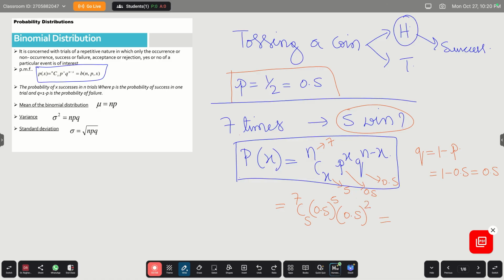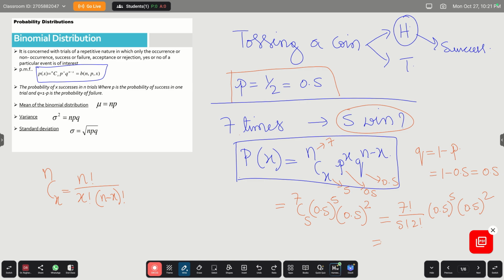You can use your scientific calculator to calculate this, or if you want to know how to calculate manually, 7C5, we all know the nCx formula. The nCx formula is n factorial divided by x factorial into n minus x factorial. So this will be 7 factorial divided by 5 factorial and 7 minus 5, which is 2 factorial, multiplied by 0.5 power 5 multiplied by 0.5 power 2.